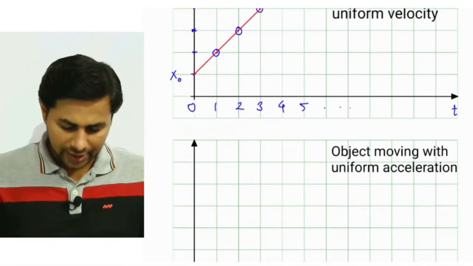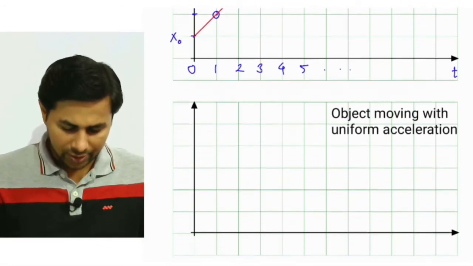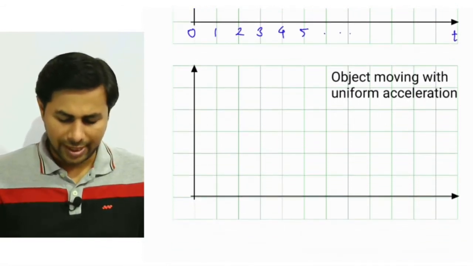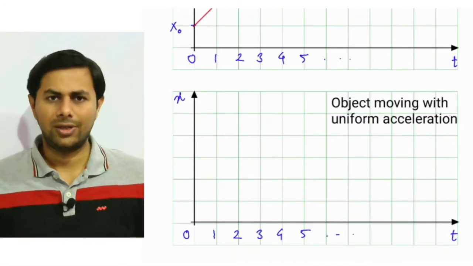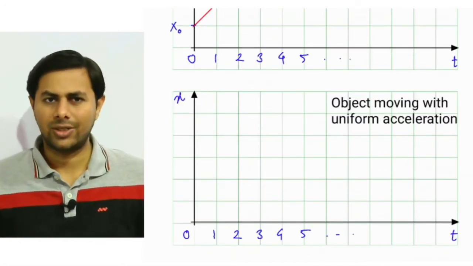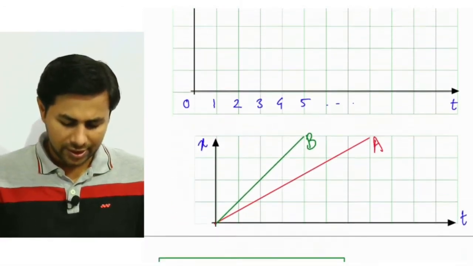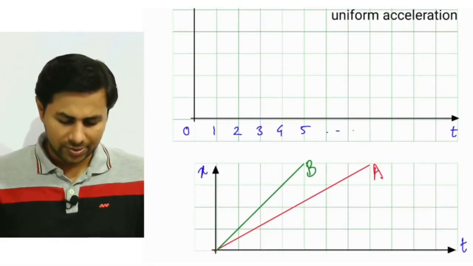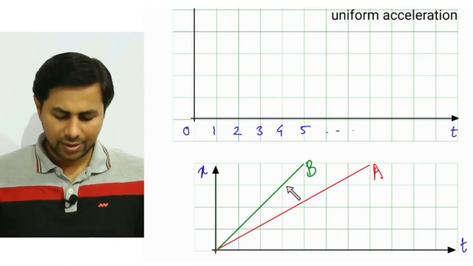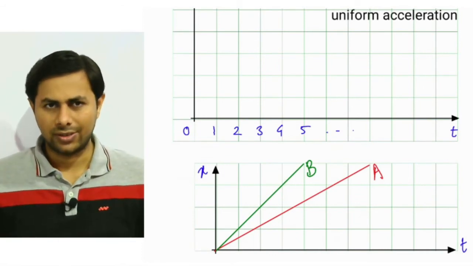Now let's see the next case, an object moving with uniform acceleration. To plot the position versus time graph for this object, let's consider position versus time graphs for two objects A and B moving with uniform velocity.